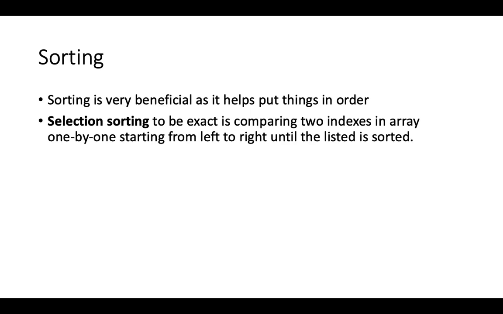So you would start off at index 0, compare the value inside that index to the value in index 1, see if they would need to be swapped, and then keep going down the array until the list is sorted from least to greatest.